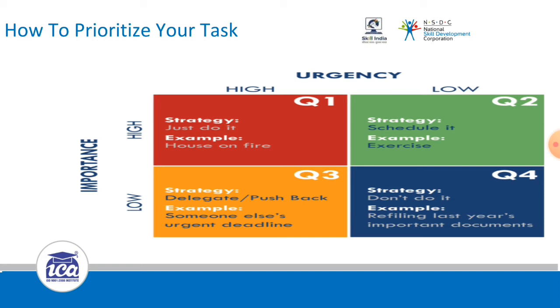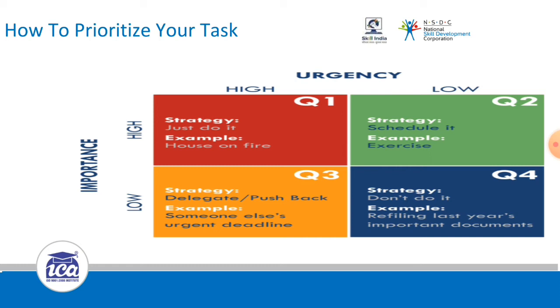The fourth quadrant means don't do it, meaning tasks which have no importance and are not even urgent. If you are not doing that task, then it doesn't make any difference, so that kind of activity will come under the fourth quadrant.